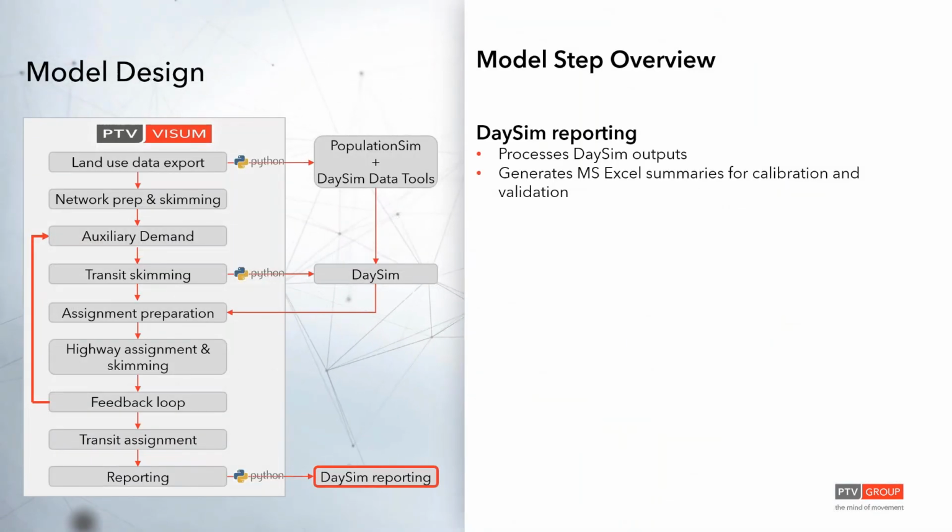And then as the last step, the model calls the DaySim reporting tool, which processes DaySim outputs, and it also generates the Excel summaries that we looked at, which can be used for calibration and validation. So those Excel summaries also compute adjustment factors. It has survey data, so it generates summary comparisons and also adjustments for calibration.